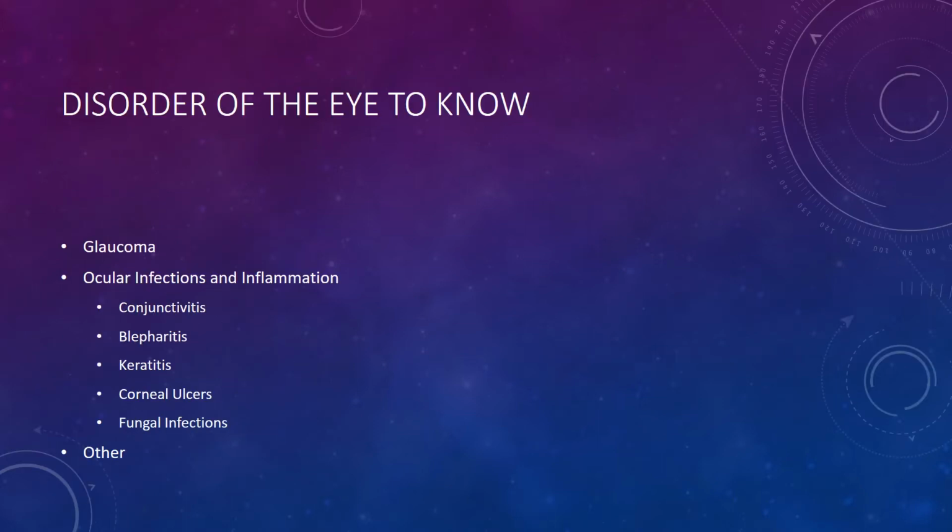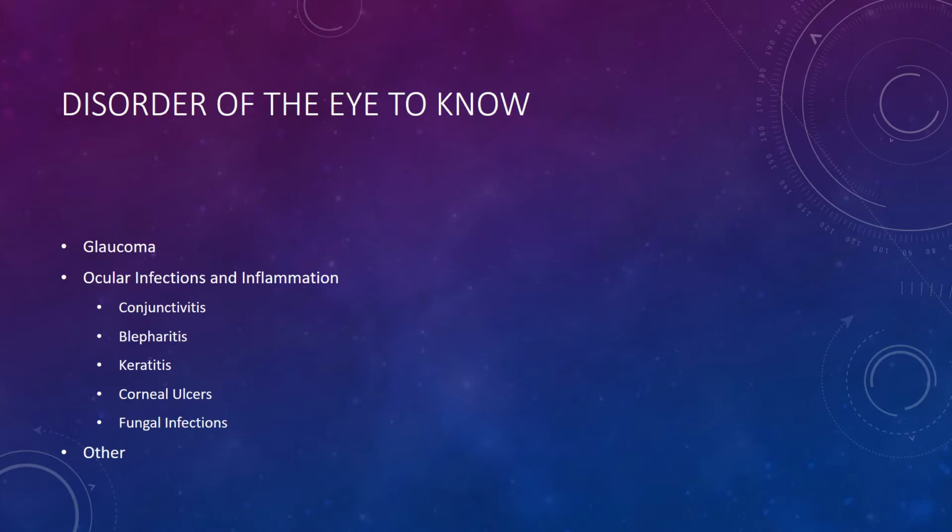So, we're going to be talking about disorders of the eyes here, and we need to just talk a little bit about those disorders so you can kind of understand a little bit about it. So the first one there is glaucoma, and that's a fairly common disorder of the eyes.